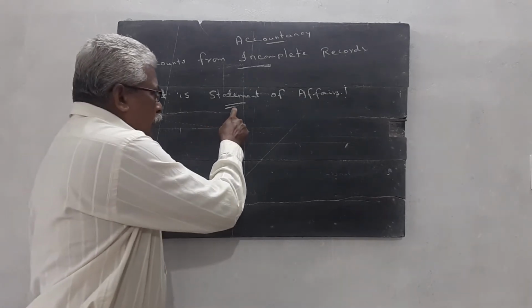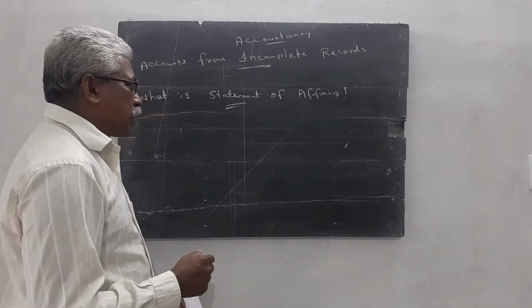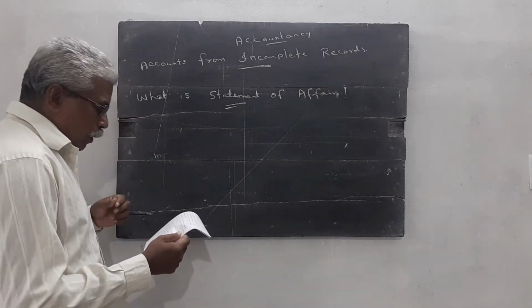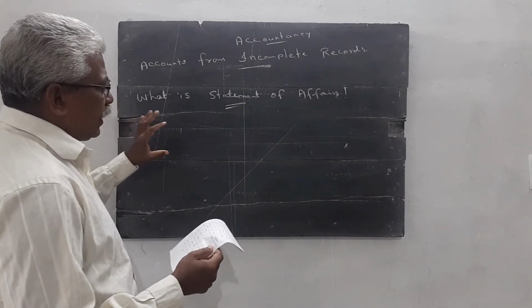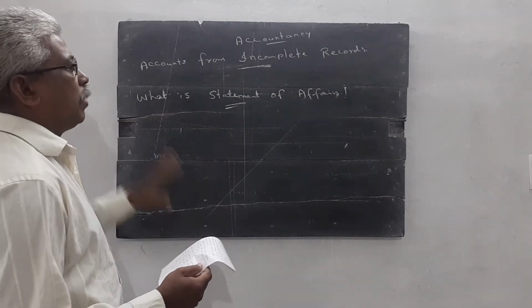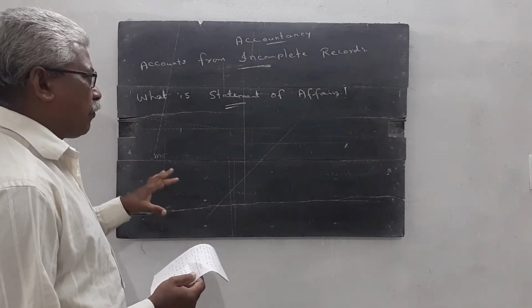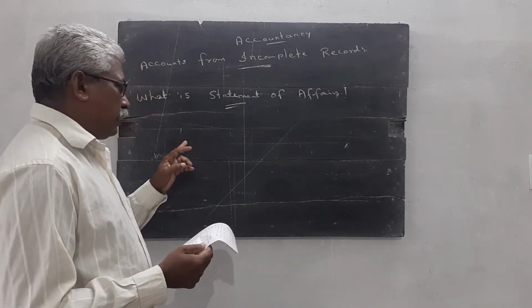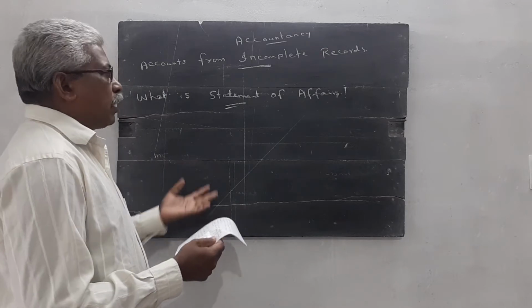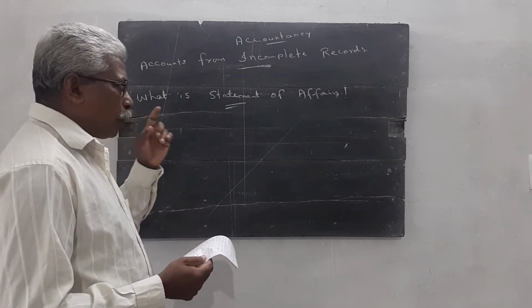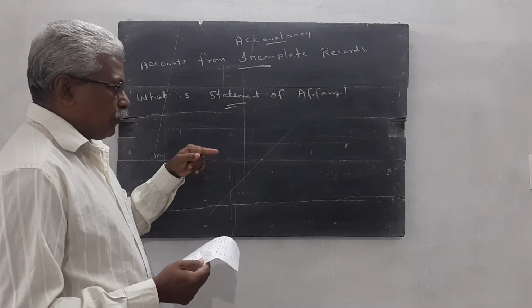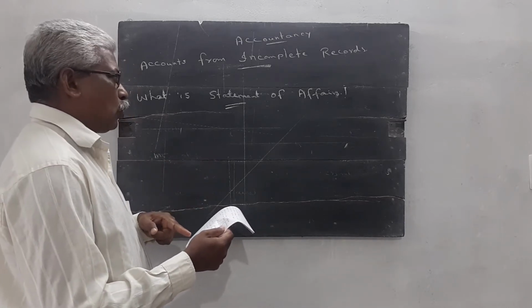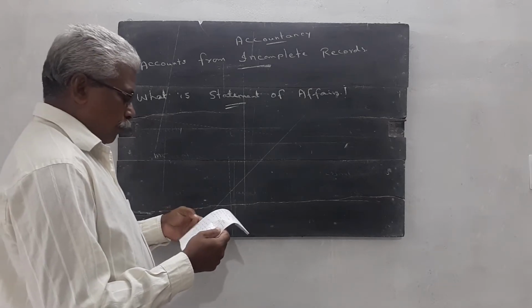If the statement of affairs is prepared at the beginning of the year, we can find the capital at the beginning of the year. If it is prepared at the end of the year, we can find the capital on the last day, that is, the closing capital.